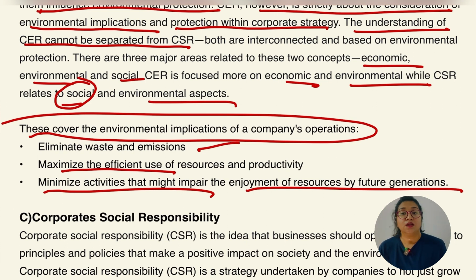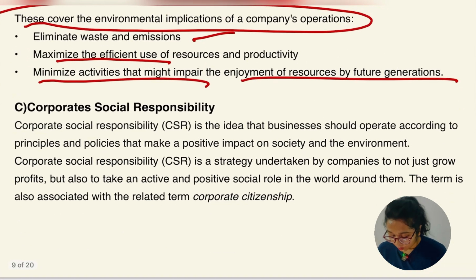Which means the resources should not be exploited, they should be optimized, the use of resources should be optimized fully, and they should be kept for future use, so the future generation could also get that benefit and use those resources. Okay, hope this point is also clear.